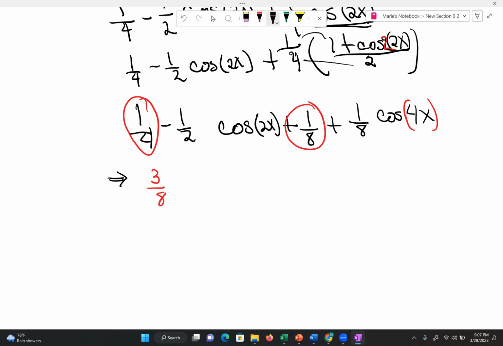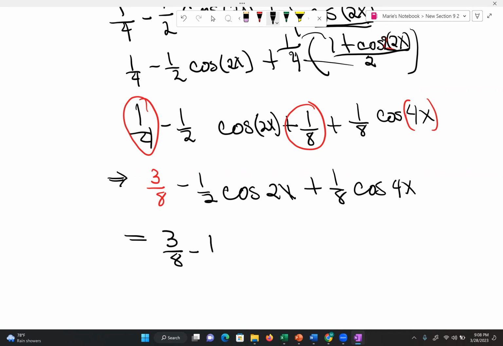Going back to the black ink: minus 1/2 cosine 2x plus the 1/8 cosine 4x. And finally, I arrive at the answer. So I'll have 3/8 minus 1/2 cosine of 2x plus the 1/8 cosine of 4x, and I'm done.